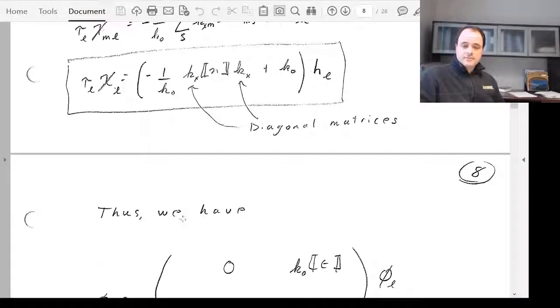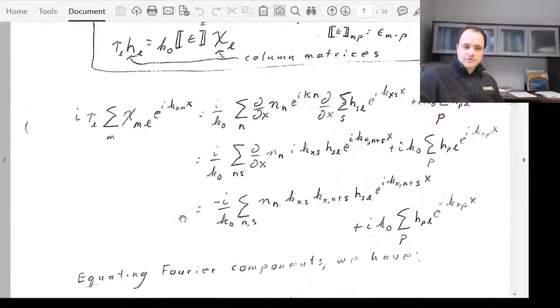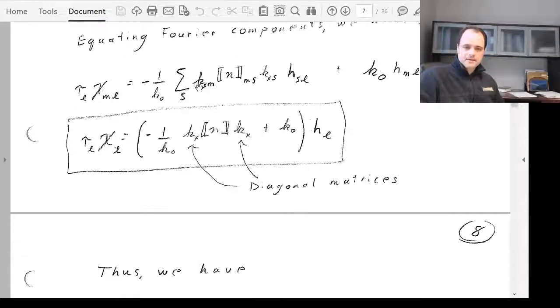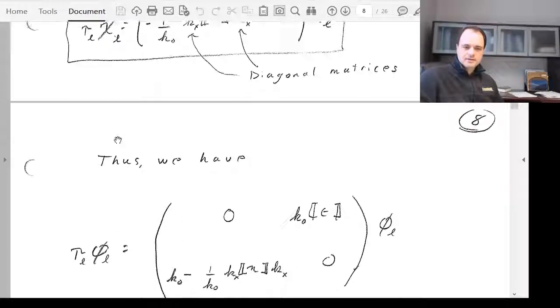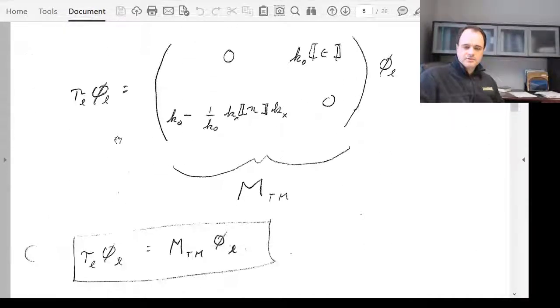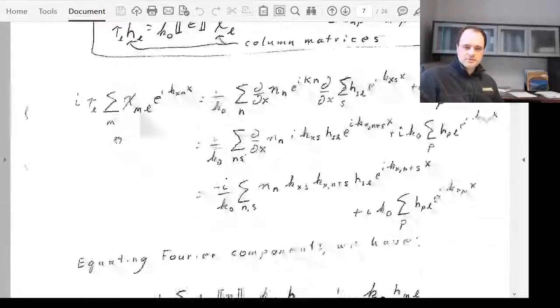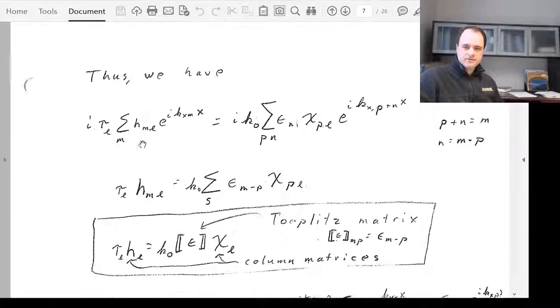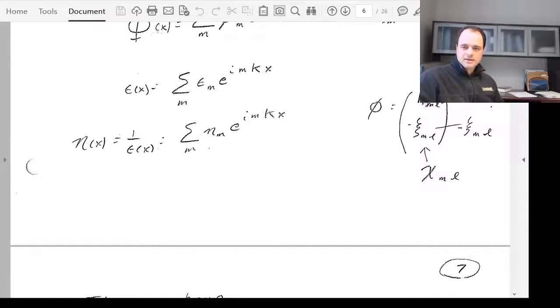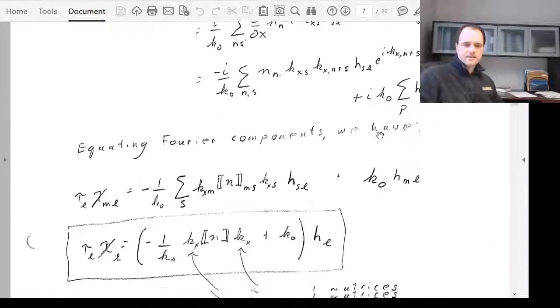And thus, we now have these two equations. We have this, and we have this. All right? So we are now going to combine these two things where we put all the h sub l's on top of all the chi sub l's to make this column matrix phi.